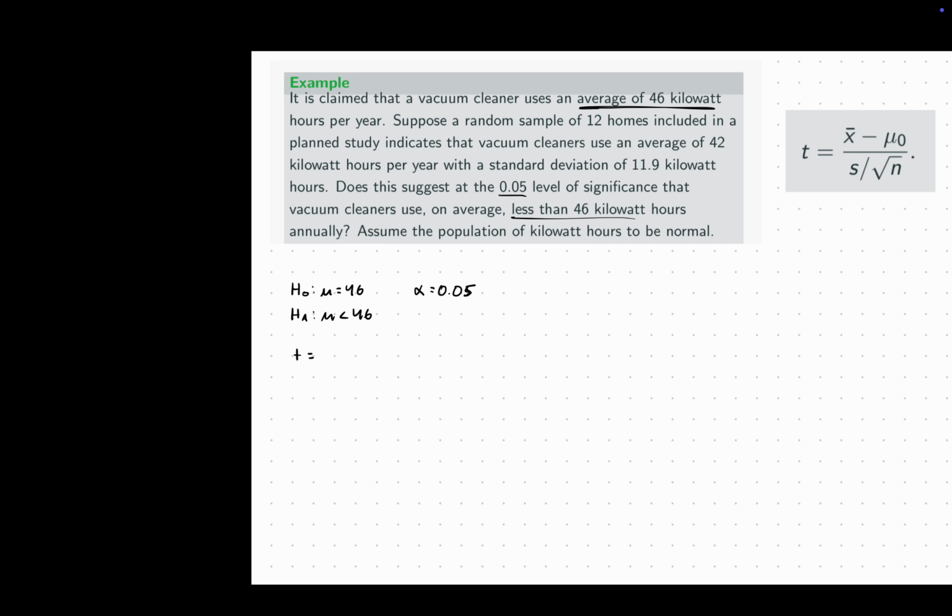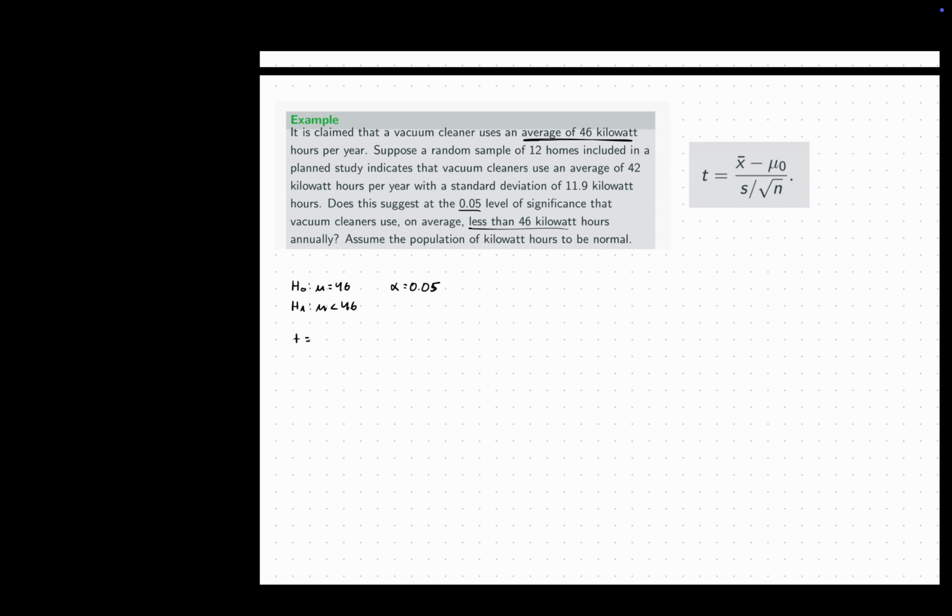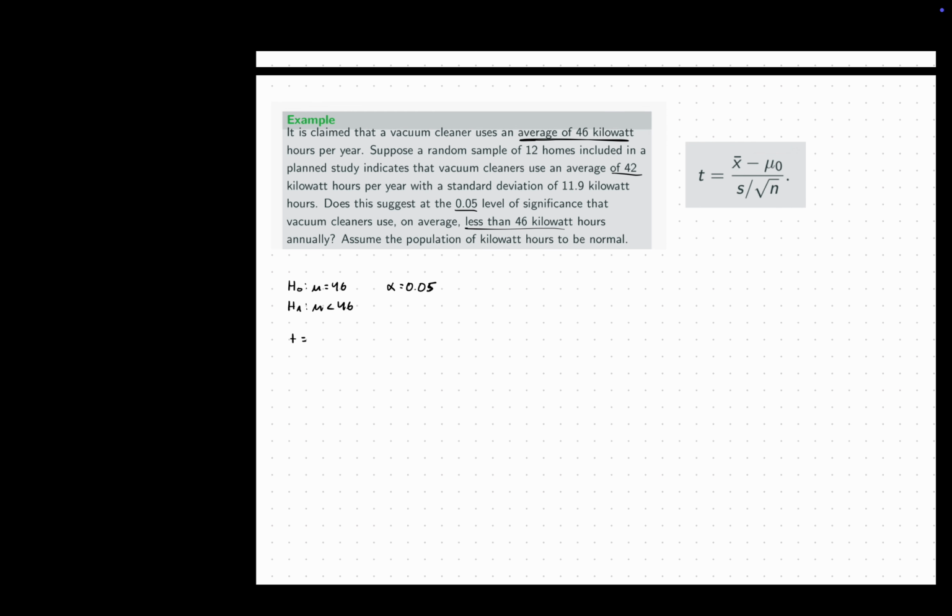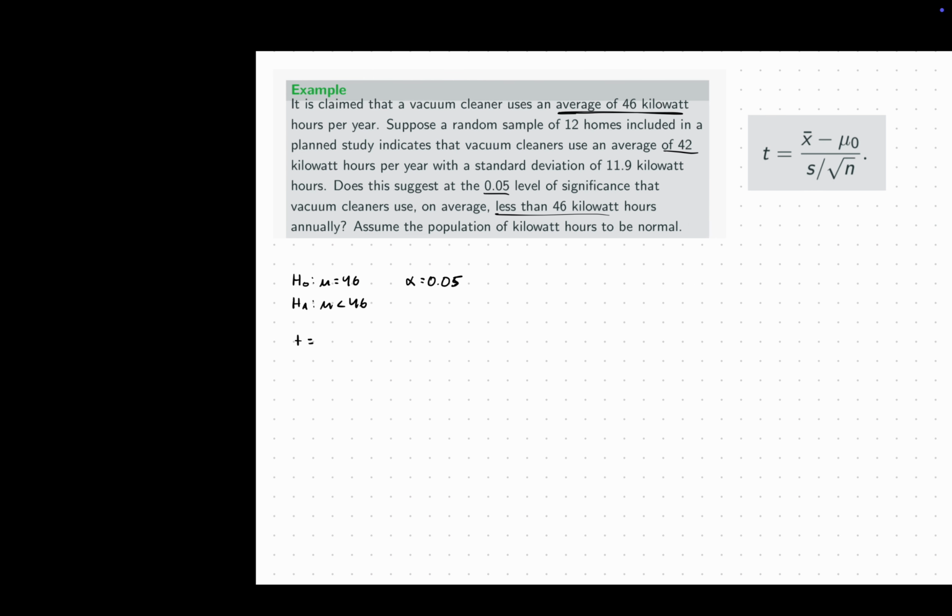Here the average is 42, given for our sample, and we are looking for if it's equal to or less than 46.